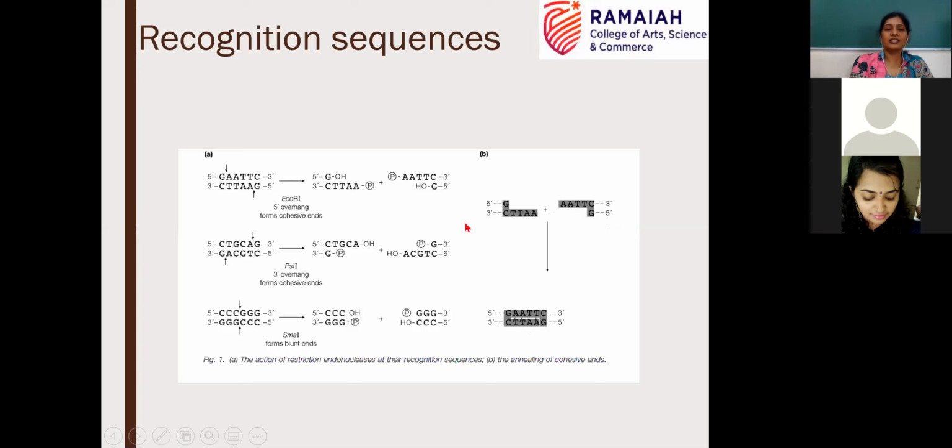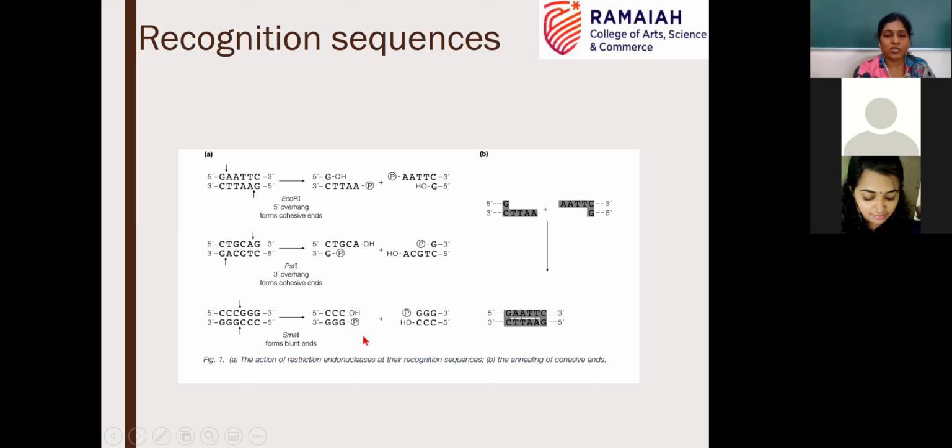That's why these overhanging, protruding ends are called sticky or cohesive, because they are able to anneal with each other by hydrogen bonding if compatible ends are present. And the example of a blunt-end producing restriction enzyme is SmaI.